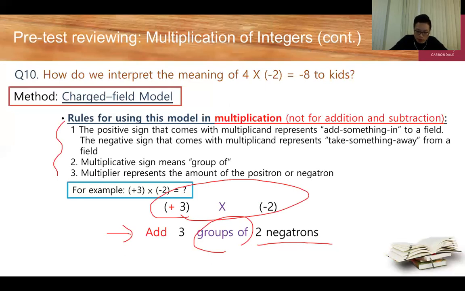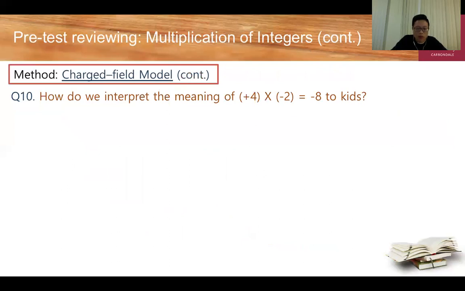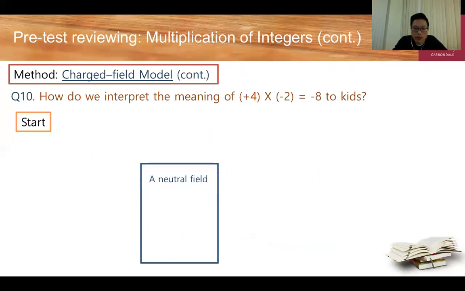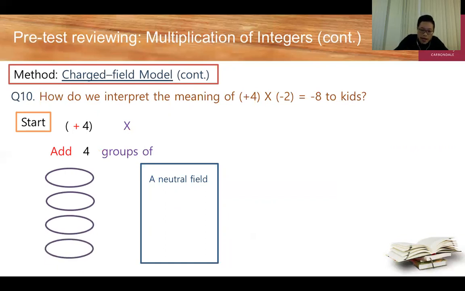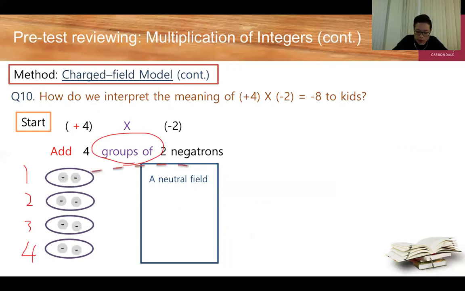Okay? So let's see how we use this charge model in question 10. We start from a neutral field, nothing in the field, right? And the multiplication here is +4. That means add 4, and the times sign here means groups of. So I add 4 groups of, and the multiplier here is -2, so that would be 2 neutrons.